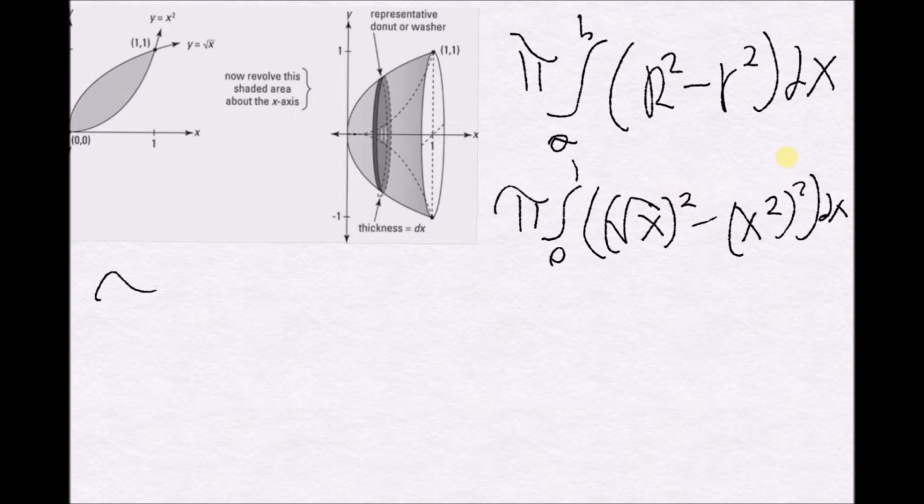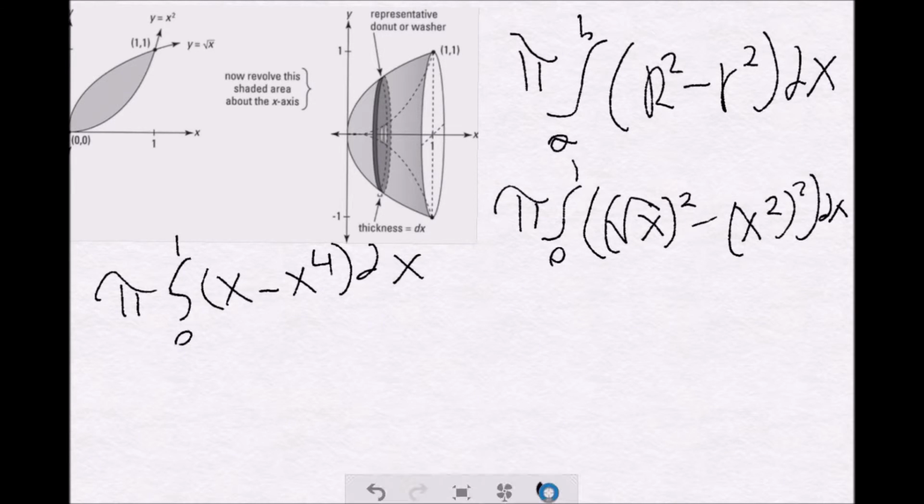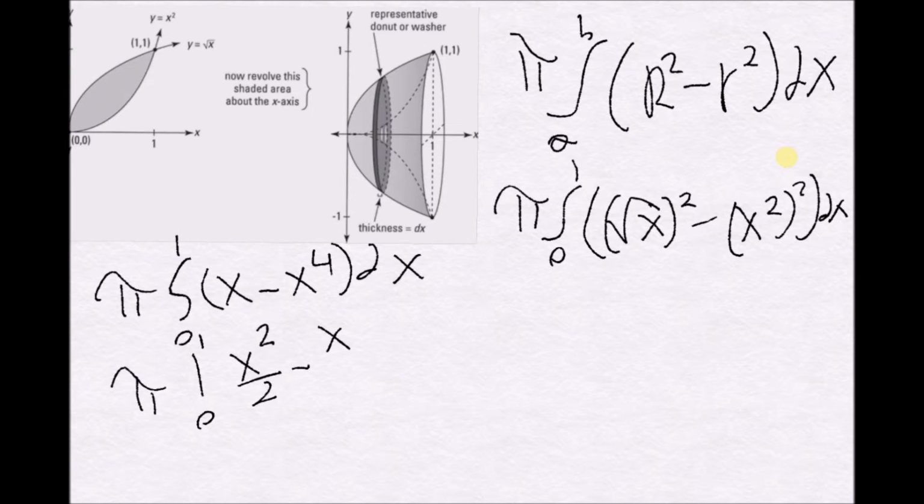And so now we're going to go ahead and square both. And then we're going to go ahead and take the integral. While we're taking the integral, you can see we just raise the exponent and then divide by what we raised it to.